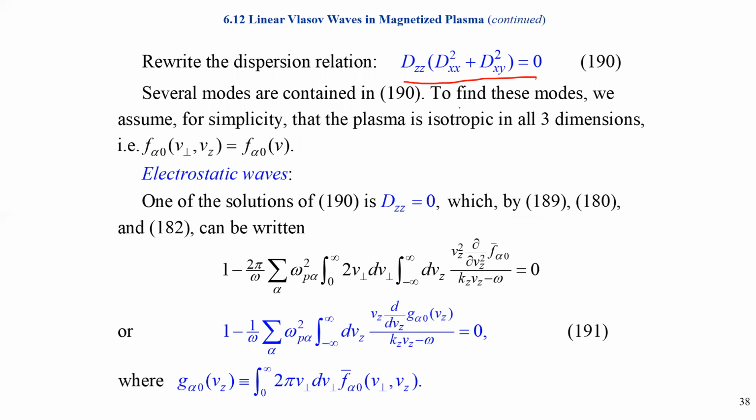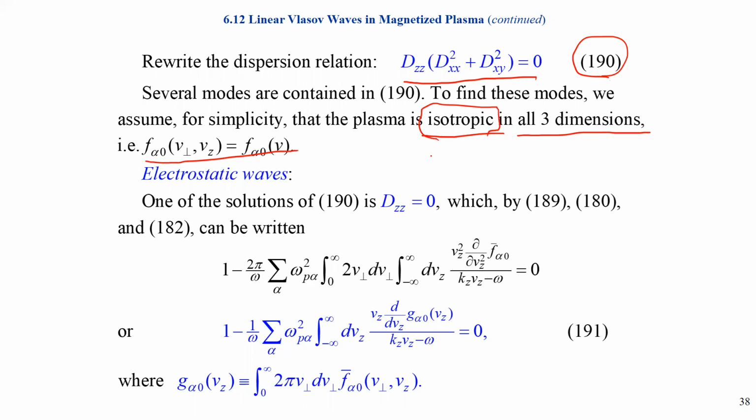So several modes are contained in this equation. To find these modes, we assume that the plasma is isotropic in all 3 directions. That's the simplest case. Of course, later on, we will change the assumption.